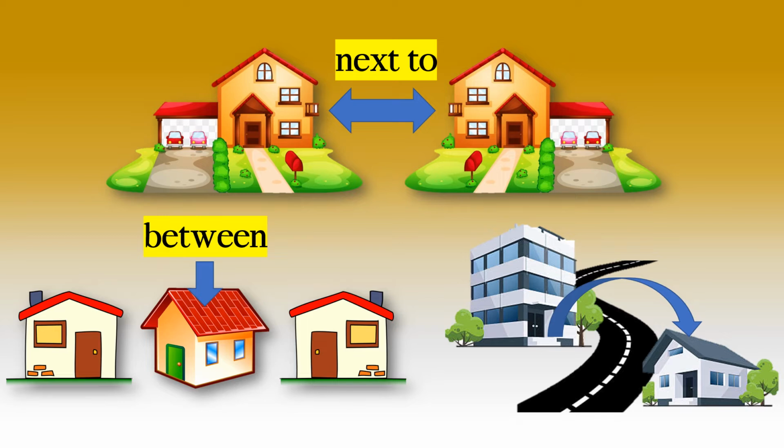Where are they? They are across from. So the office is across from the house and the house is across from the office. They are not next to each other. They are not next to. Okay, look, there is a road between them. They are across from.